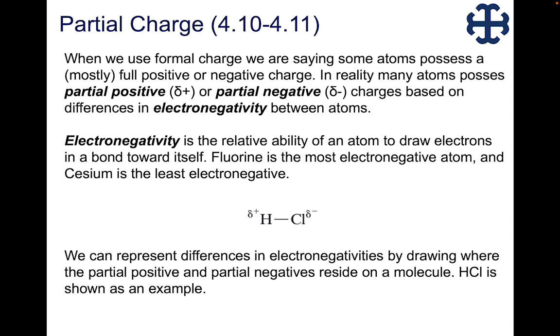The one exception there is hydrogen, which is closer to something like carbon than to a metal on the periodic table. So just a reminder, things that are more electronegative will end up with partial negative charges in covalent compounds, whereas things that are less electronegative will end up with a partial positive. Okay?